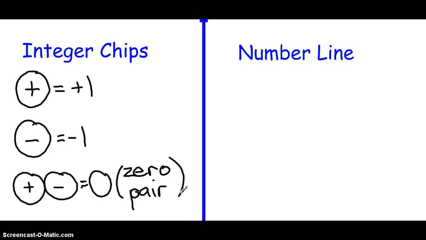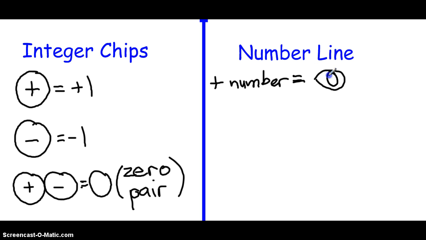Now when we use a number line, we'll be going back and forth on the number line, but we also have to be going in the right direction for the right number. So here's something you want to remember for the number line. If it is a positive number, we'll put an eyeball.